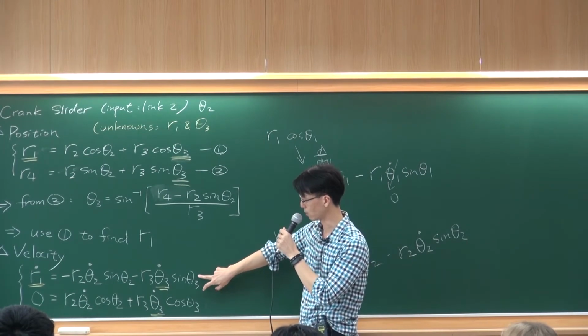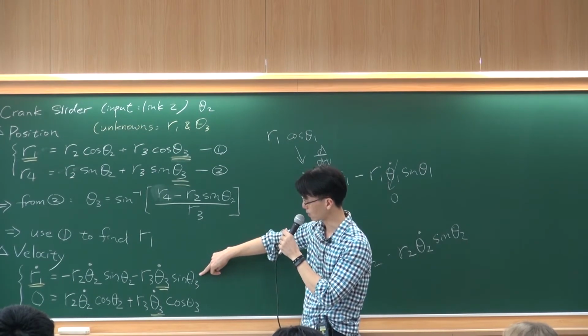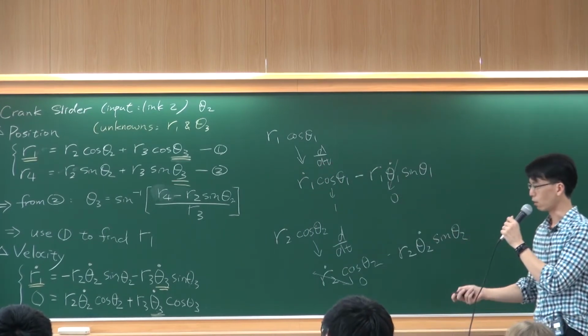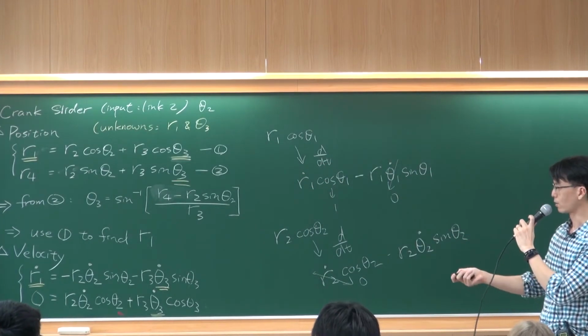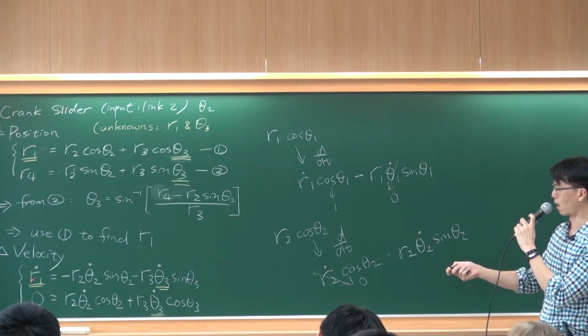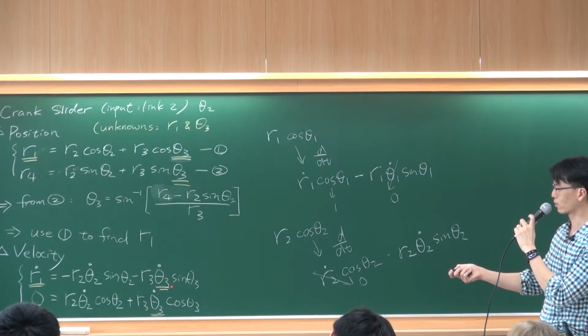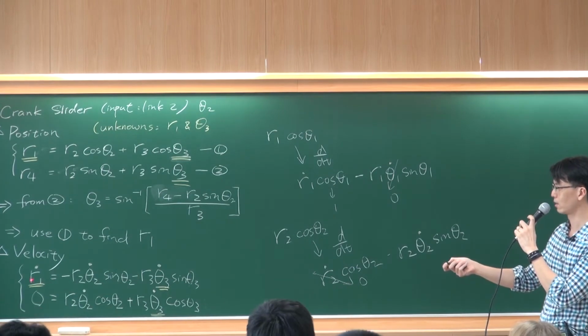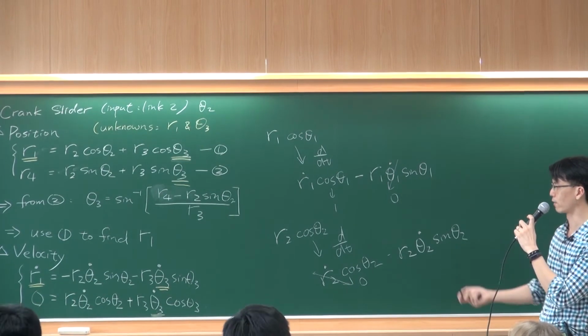So the values of sine theta 3 and cosine theta 3 are known, and the only unknowns are R1 dot and theta 3 dot, which are the linear velocity and angular velocity.